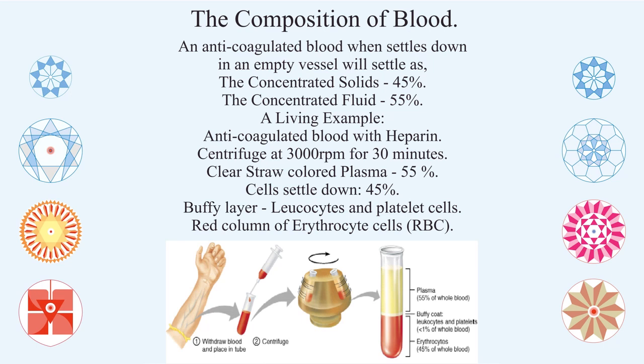A living example would be, as you can see at the bottom, withdraw 5 ml of blood by pressing this, then put it into a vessel, and then take it to a centrifuge, which runs at 3000 revolutions per minute for 30 minutes. After it settles down, you'll have the ratio which you can see on the right side. This is something which I have already explained. I'm showing this again to confirm that this is how the blood looks.